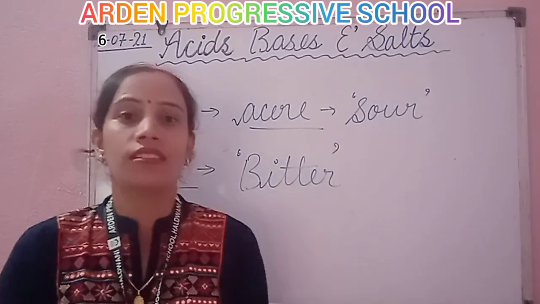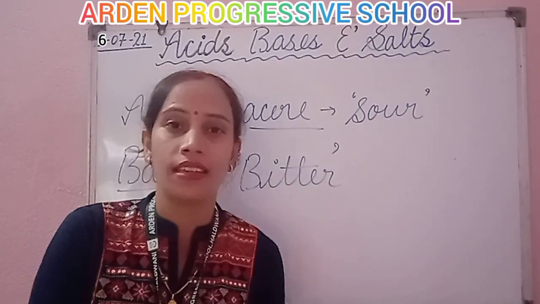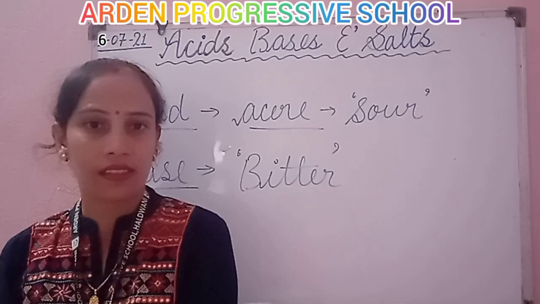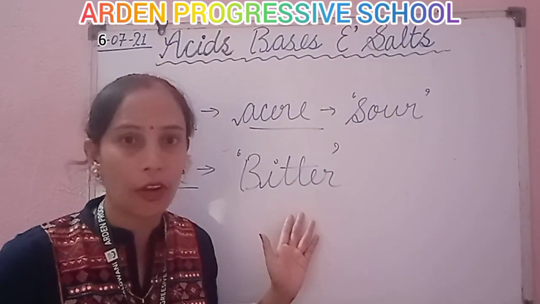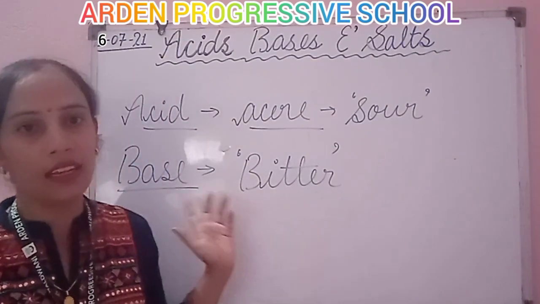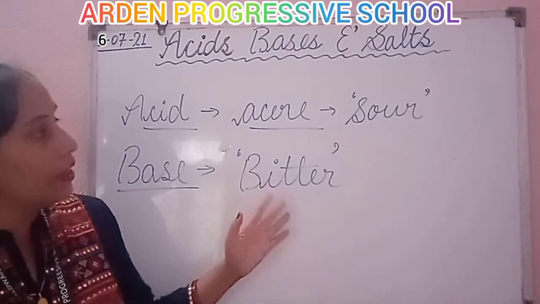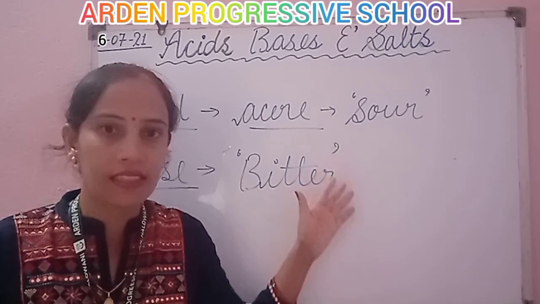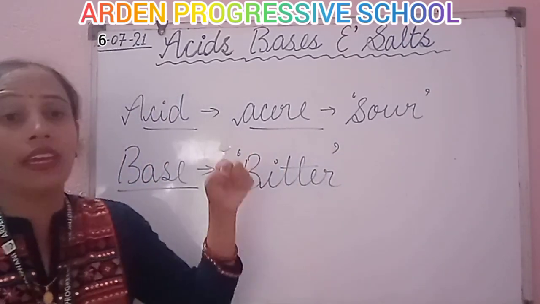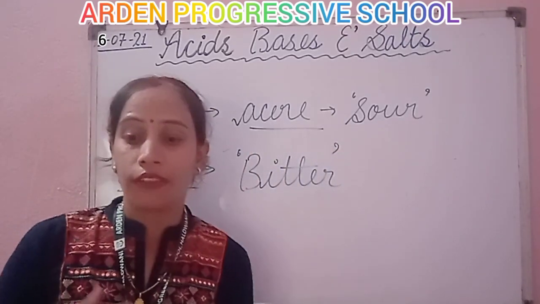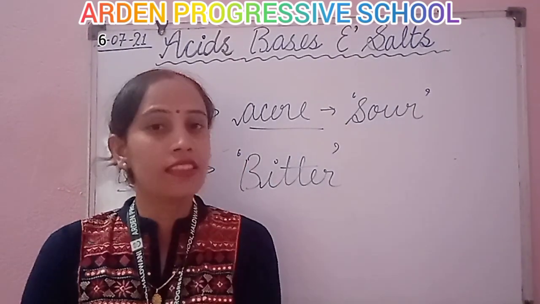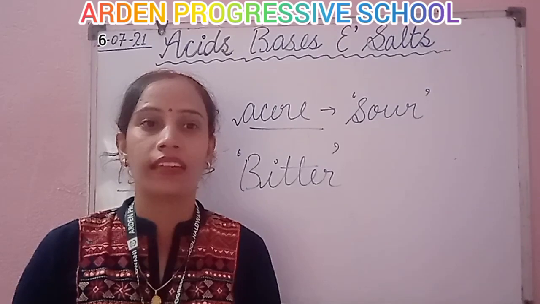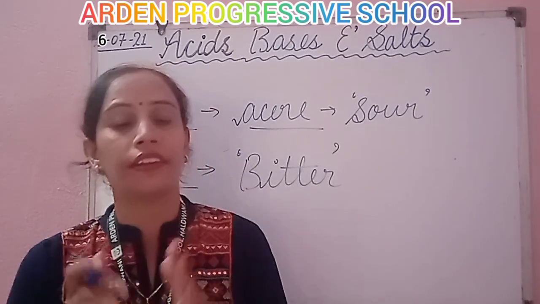So how can we determine whether this substance is an acid and this substance is a base? They may be harmful for our body also. So we cannot taste the bases, and we cannot taste any acids either. So how can we determine whether it is an acid or a base? There is another kind of substance by which we can determine this.